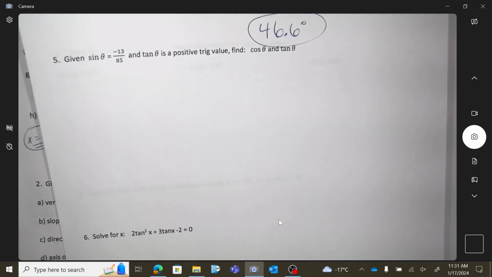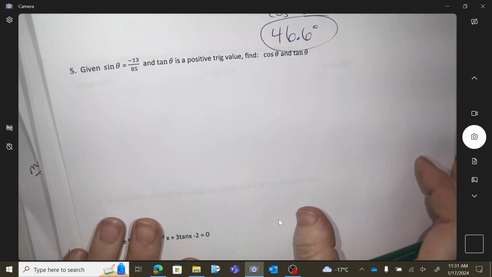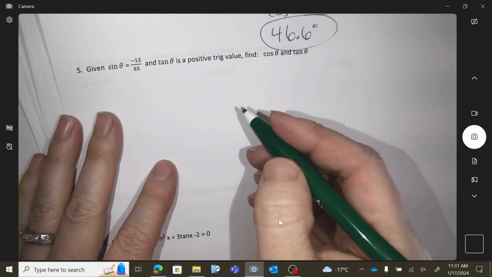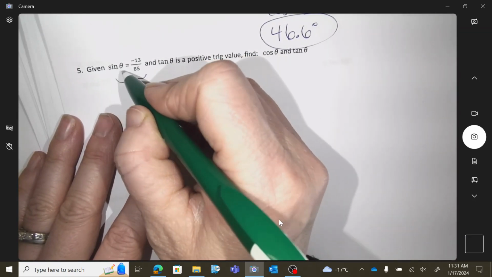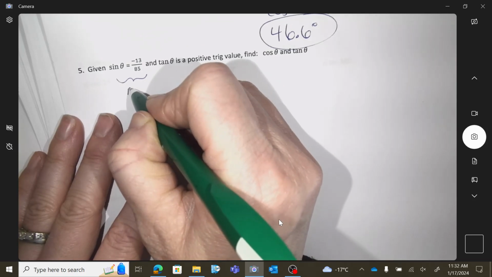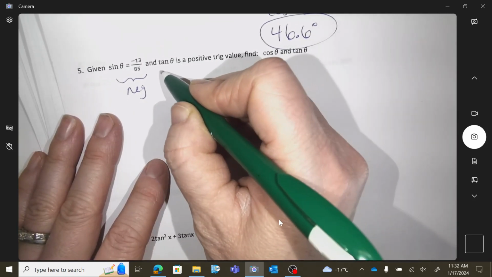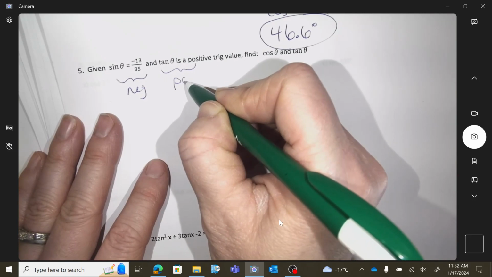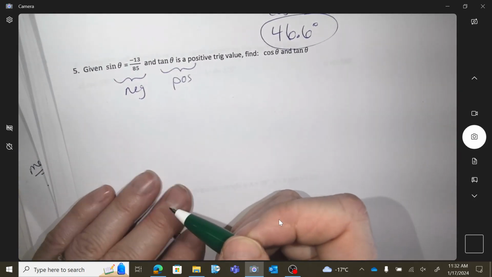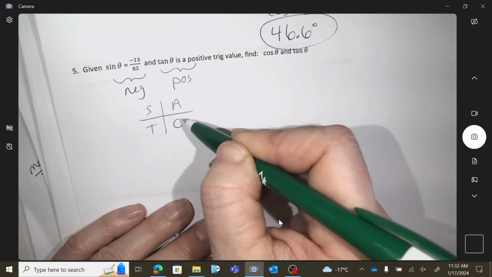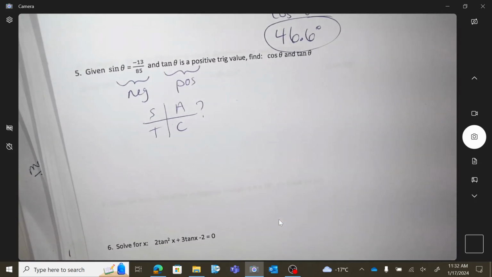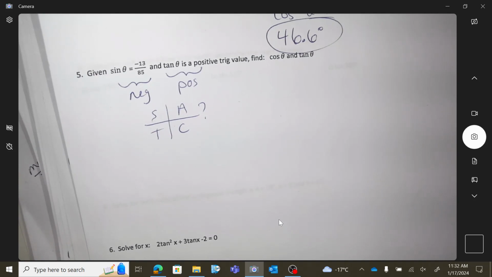Okay, next question is a trig ratio. So here's what I know. I know sine is negative, and I know tan is positive. So here's what I need you to think about. Where am I? Where do I land?